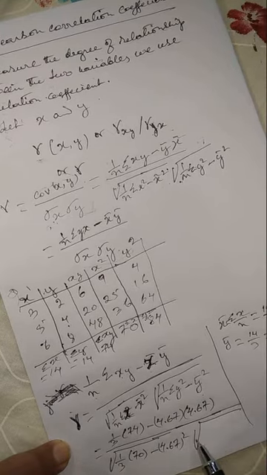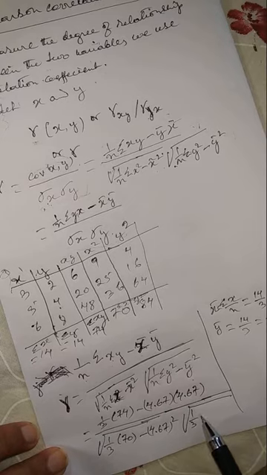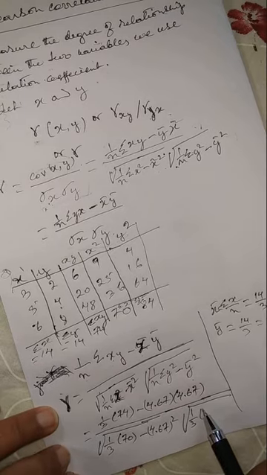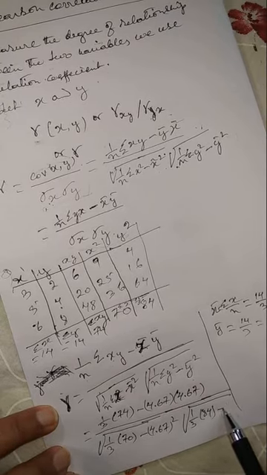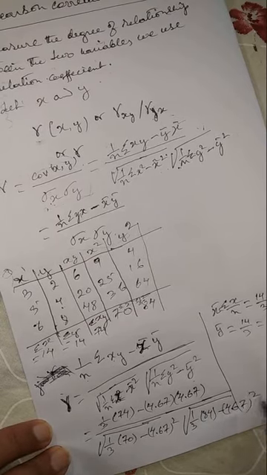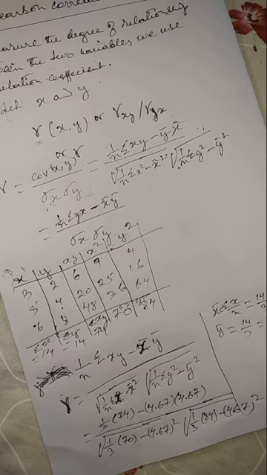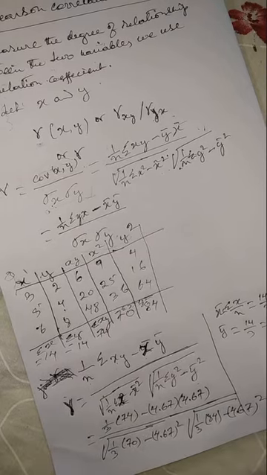Okay, and then again 1 by 3, how much is summation y square? 84 minus 4.67 square. Got it? So let us continue on the other page.